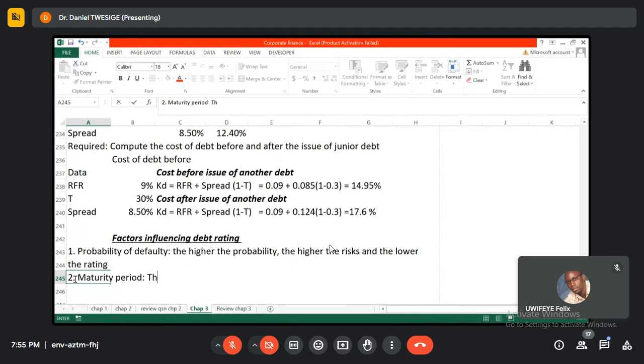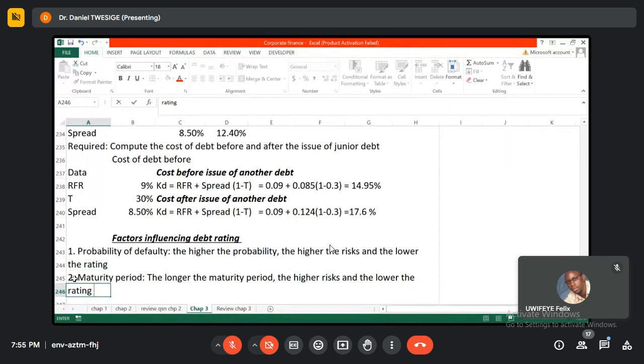So the longer the maturity period, the higher the risks, and the lower the rating.